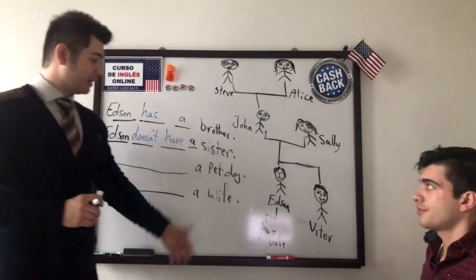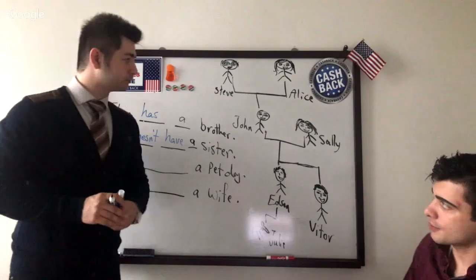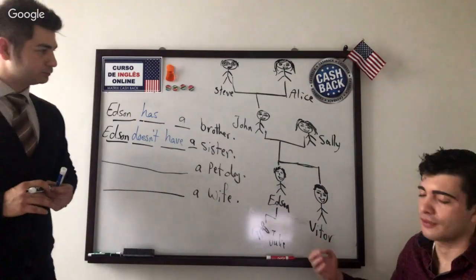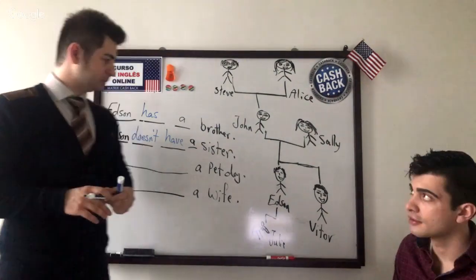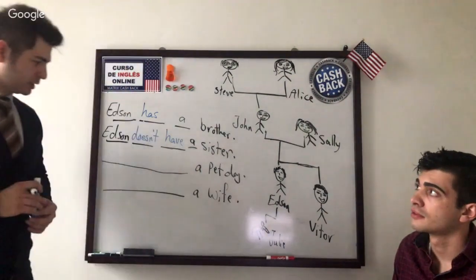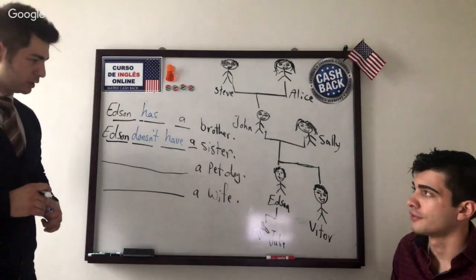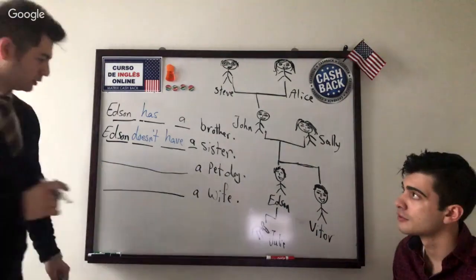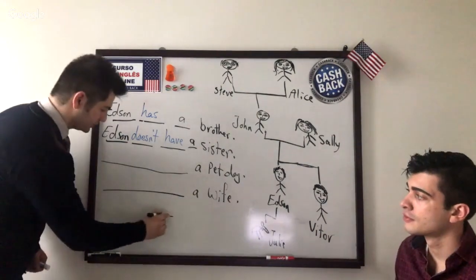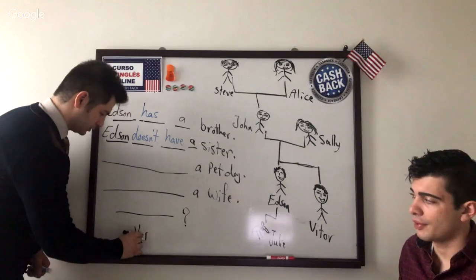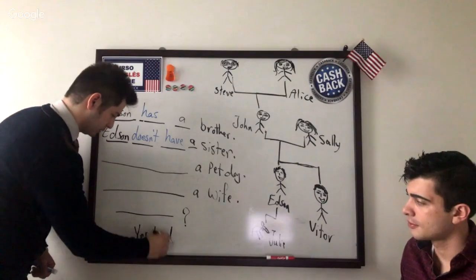Você pode ficar 5-10 minutos escrevendo frases a respeito da árvore familiar. You can even try asking and answering questions. Você também pode perguntar. You can question and then answer. Pergunta e também uma resposta.